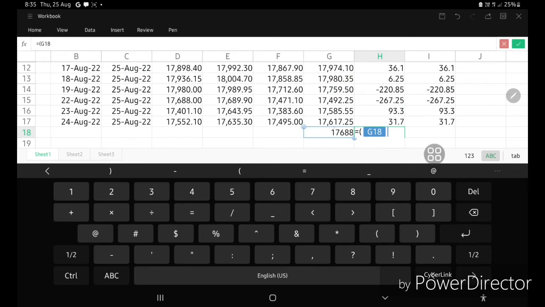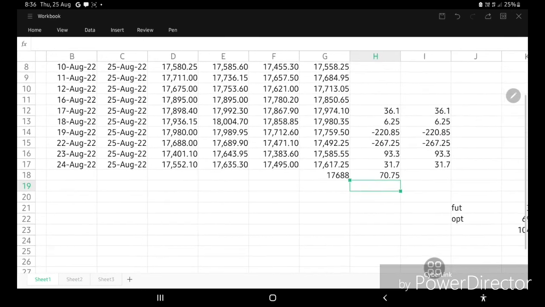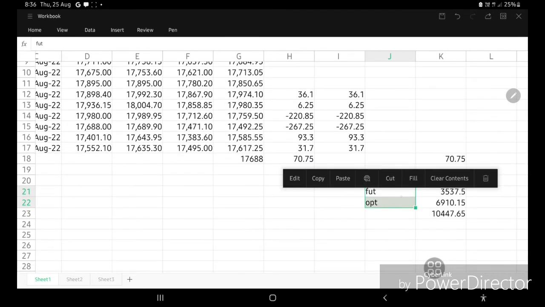This was the covered price today that I had covered, so covered price minus previous closing, close, enter. So I made 70 points today, and I will show you how I have done.